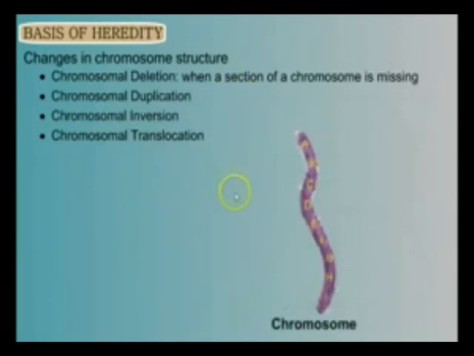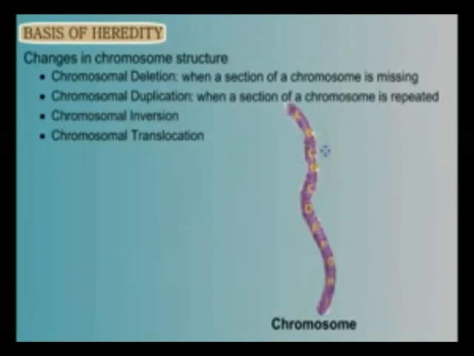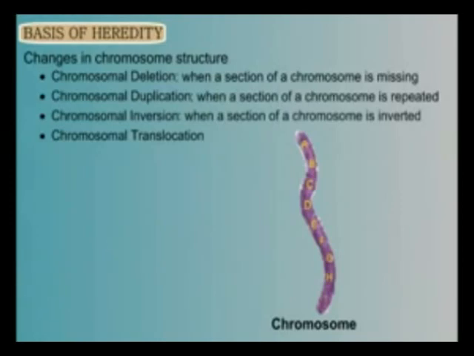In chromosomal duplication, a section of the chromosome is repeated. So maybe this happens. You can see the repeated section here, the B and C. The B and C are being repeated or duplicated. In chromosomal inversion, a section of a chromosome is inverted.